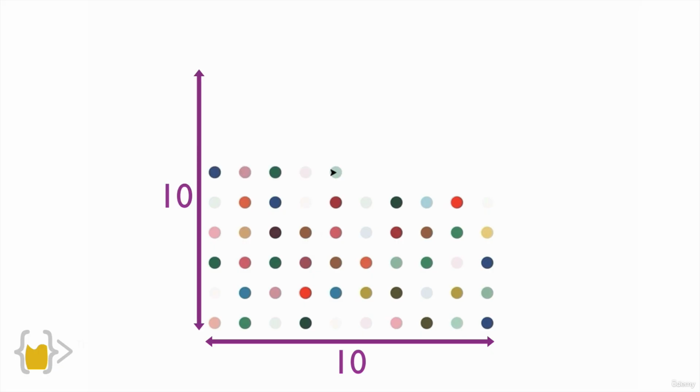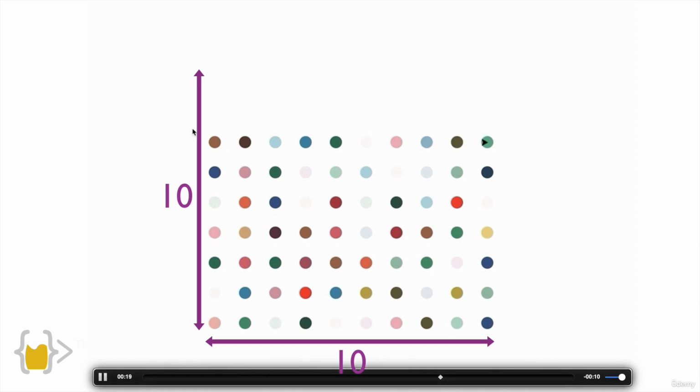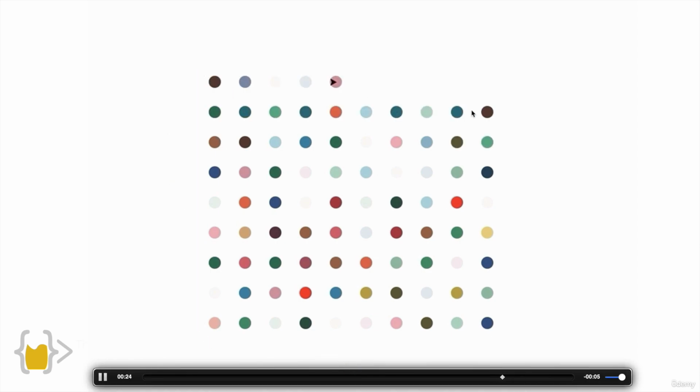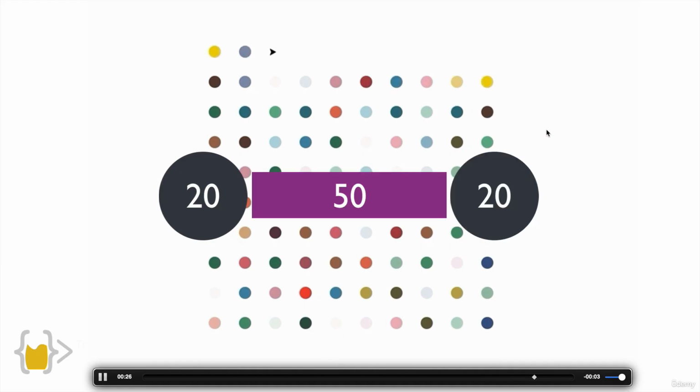Here are the requirements of the program. You're going to paint a painting with 10 by 10 rows of spots. So that's going to be 10 along this side and 10 along this side. Each of your dots should be around 20 in size and spaced apart by around 50 paces.